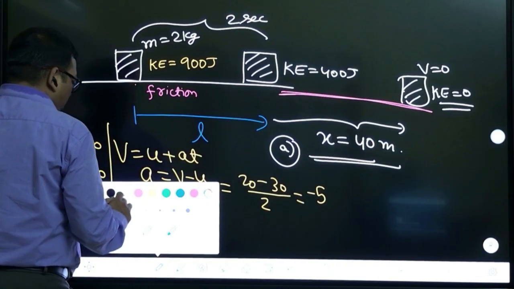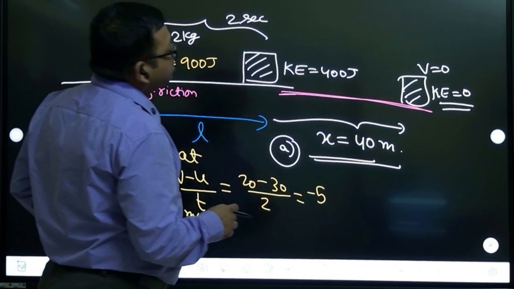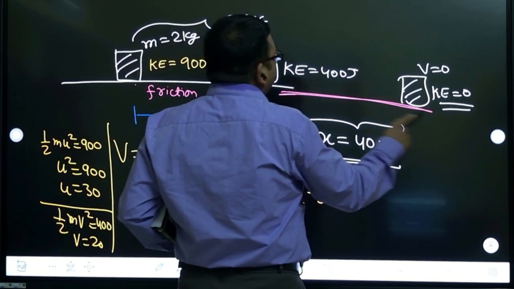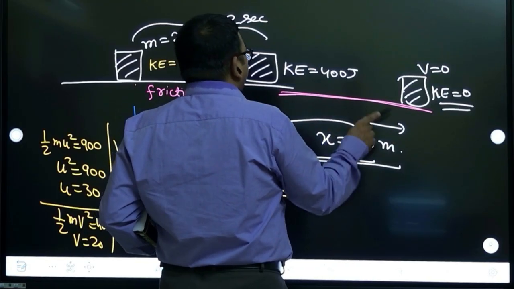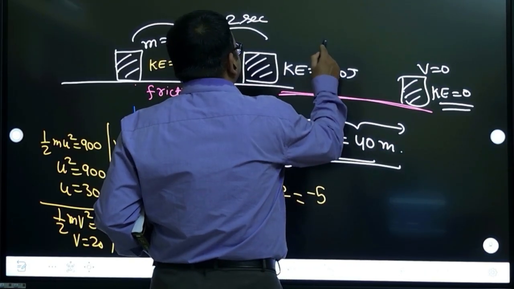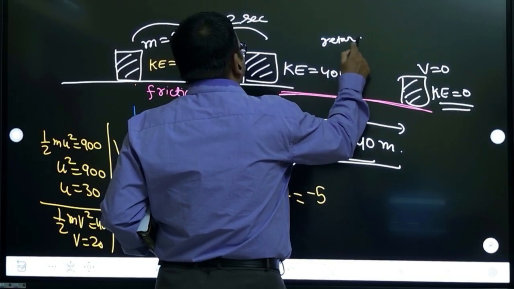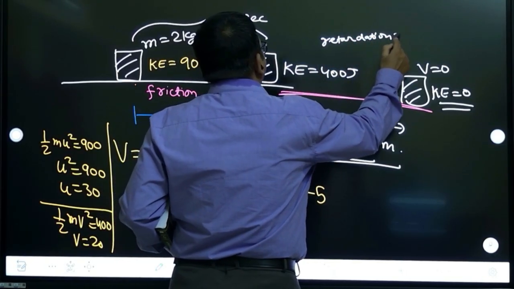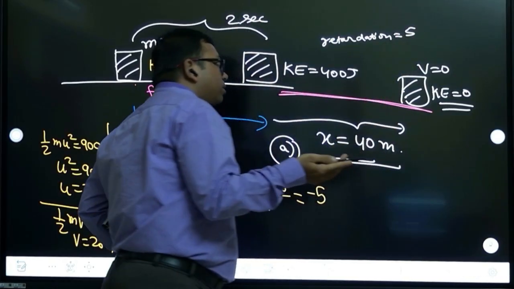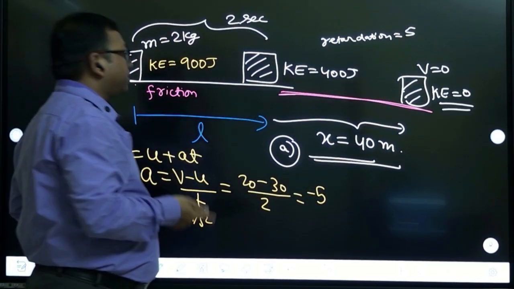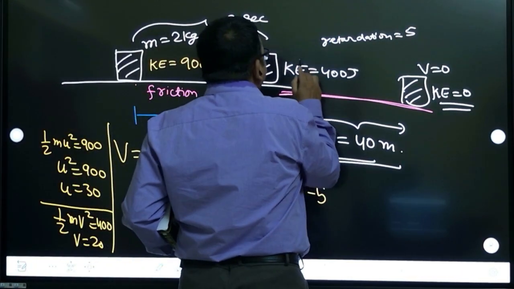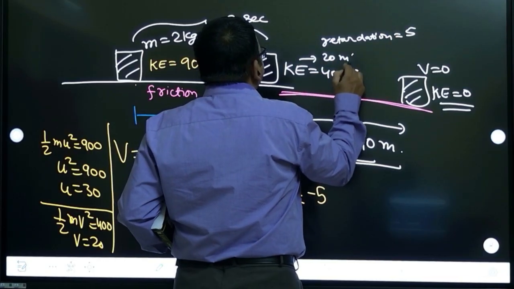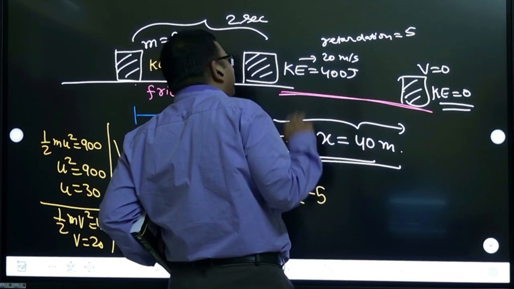Now if you know retardation and you know speed, can you calculate this distance to stop? Retardation will be 5 only, because minus we will remove. And this speed here is 20 meter per second. Can you calculate the stopping distance?